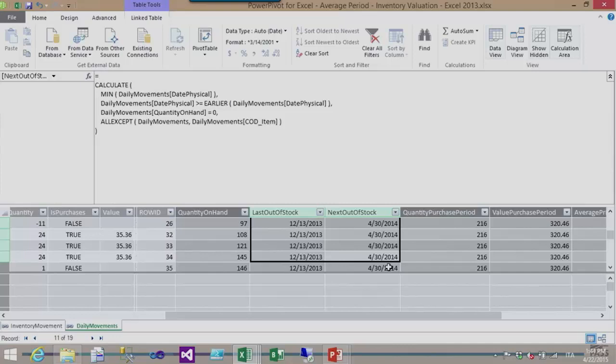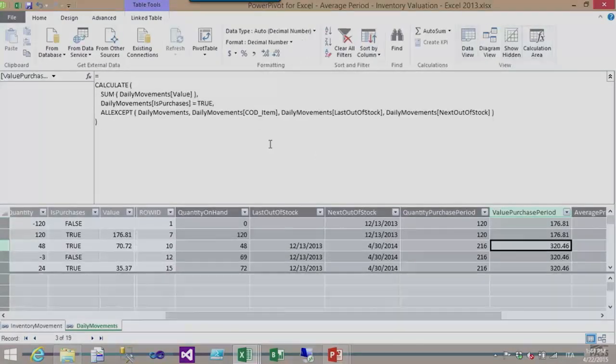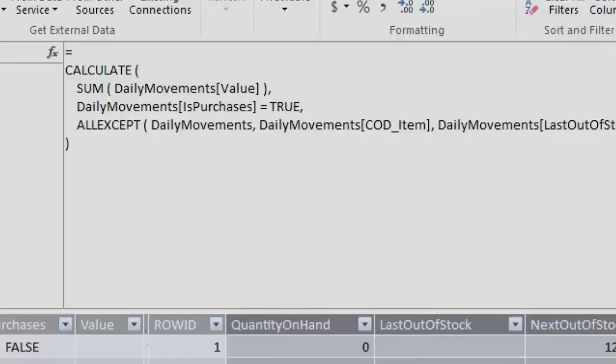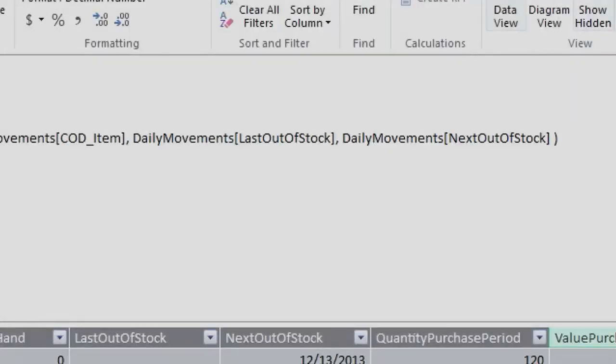So I can simply write this, which is the sum of the value I spent in all the purchases for all the rows in this table where I remove the filter except the code item, which is the product code, the last out of stock, and the next out of stock. So fundamentally I say, if these three columns are the same, group everything together, which is the faster way to obtain this result.